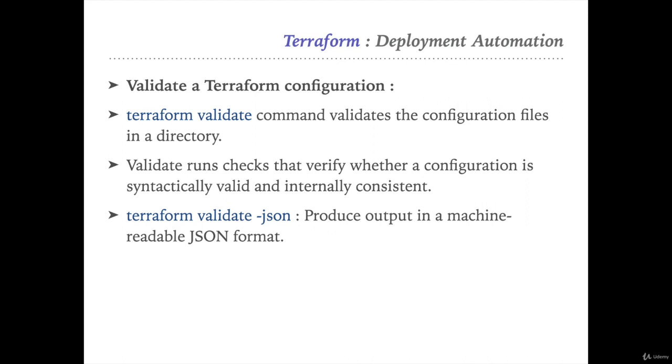Before executing any terraform apply or terraform plan, you want to verify that the Terraform configuration we are getting is valid or not, right? With the help of terraform validate -json, you can validate the configuration. It will produce a file.